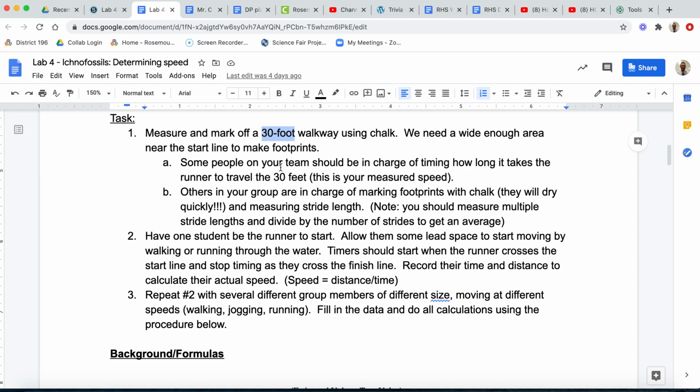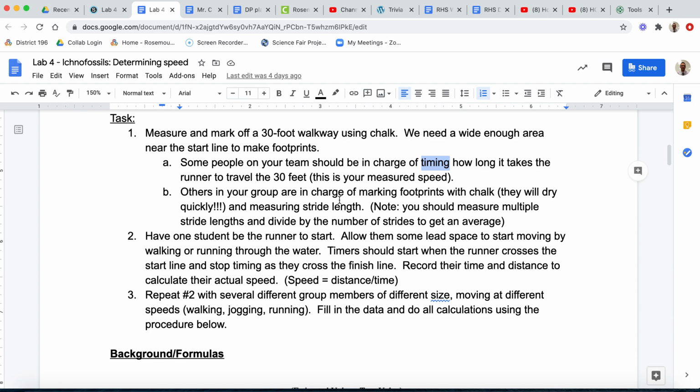Okay, so you're going to need a timer. Okay, so either use the timer on your iPad or your watch or anything like that. Okay, that timing is going to be important. Starting and stopping when you cross that line. If you have other people in your group, you're going to need them to kind of help mark off where your strides are. Okay.